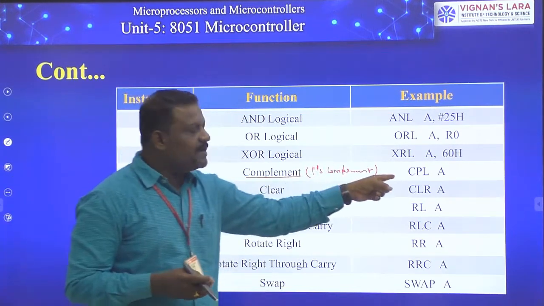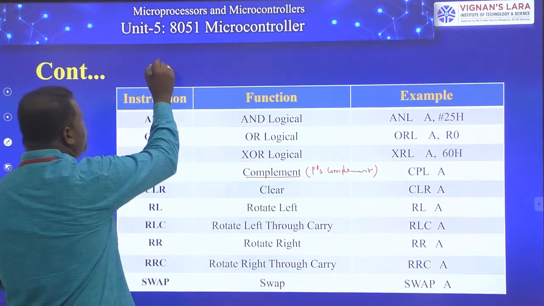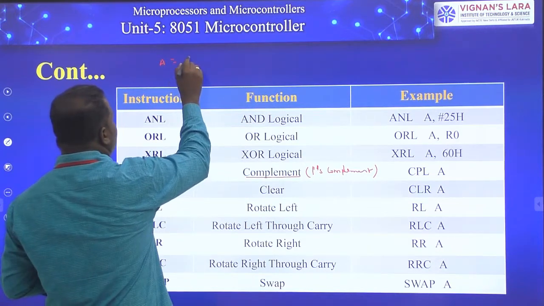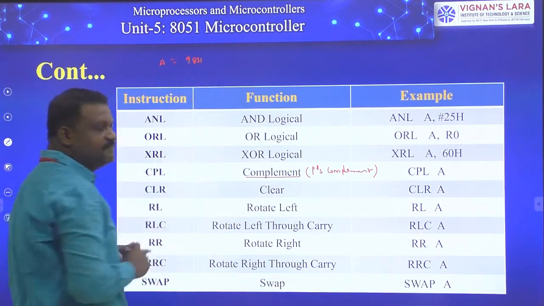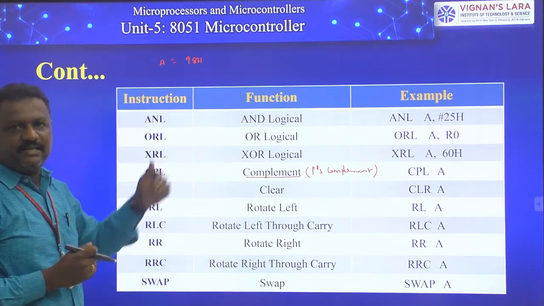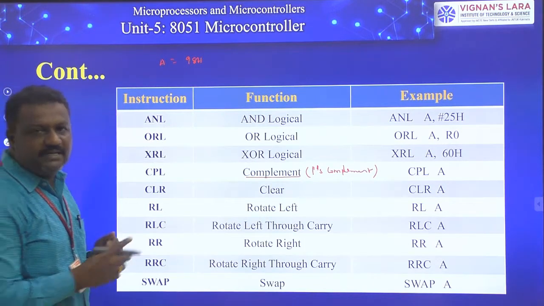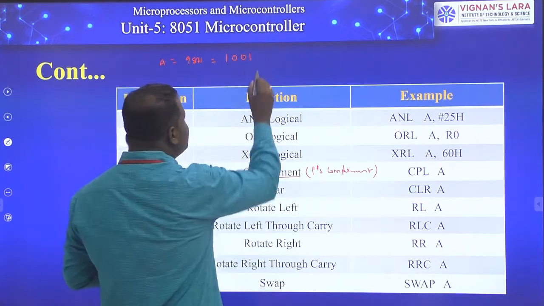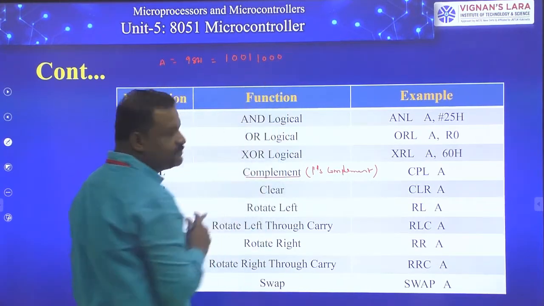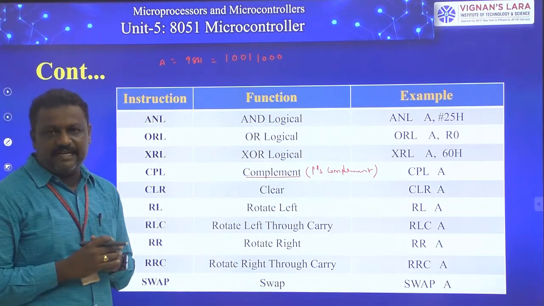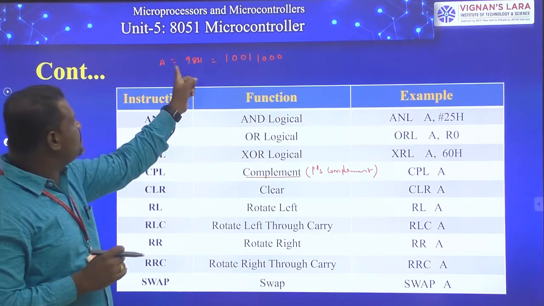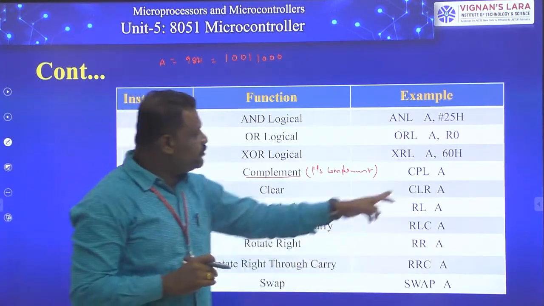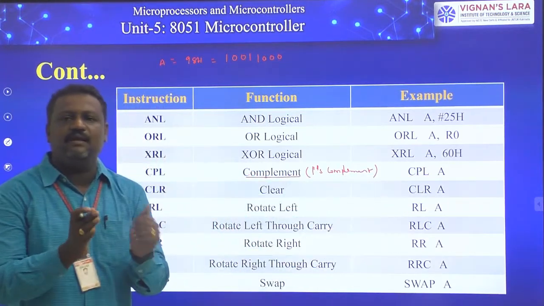If I consider an example CPL A, before execution my A value is some 98H. What is its equivalent binary? 9 is 1001, 8 is 1000. So this is the scenario found in accumulator register A before execution of the instruction CPL A.